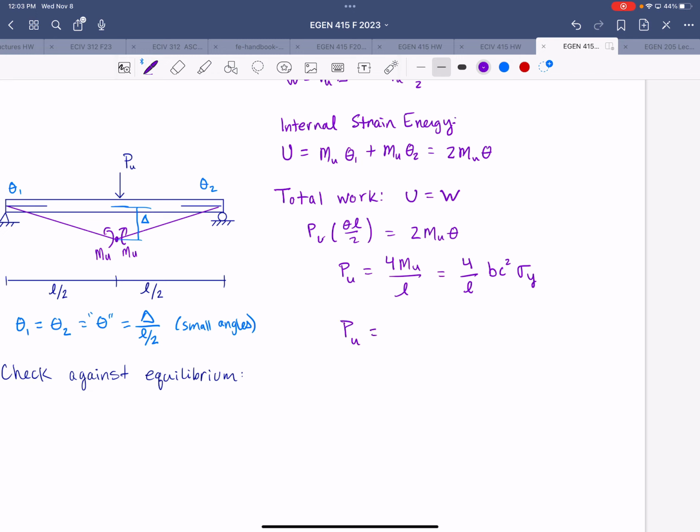So I'll just note here that this is the value for Pu to cause collapse.